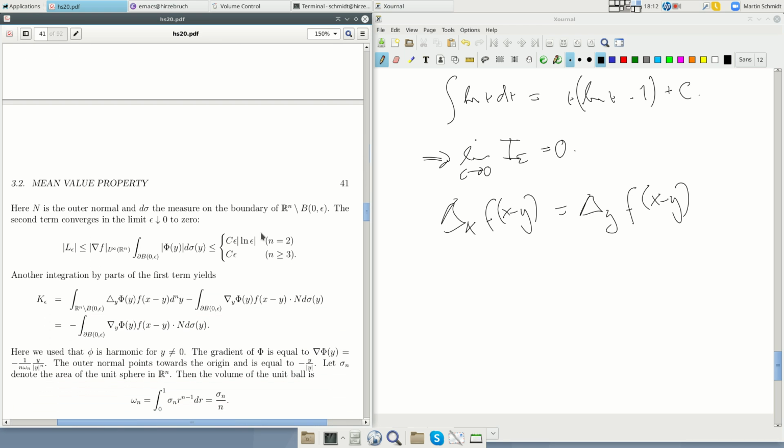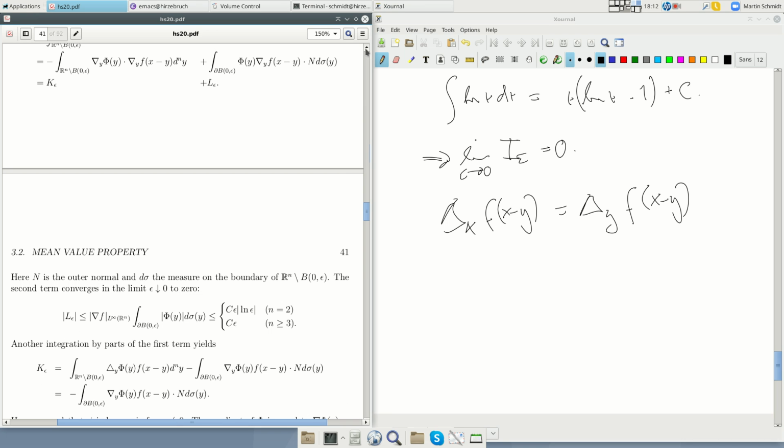Okay, on the boundary, clearly we evaluate this function here. Also the function phi is constant, so we should take the volume of the boundary times this function.